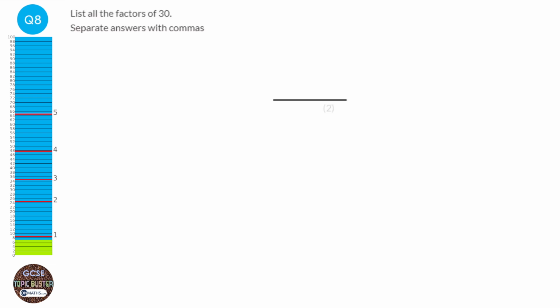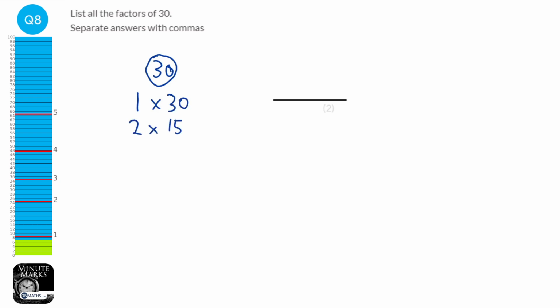To find the factors of 30, we're just going to write down all the factor pairs, or all the pairs of numbers that multiply together to make 30. So 1 times 30 is 30, 2 times 15, 3 times 10.